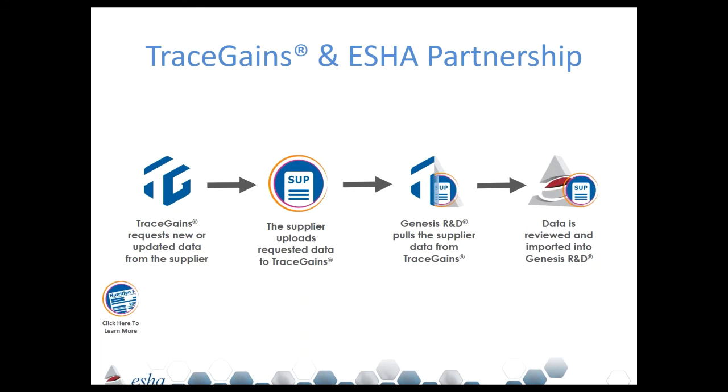And now that data is automatically integrated with Genesis so that you don't have to go through the further manual headache of retranscribing and re-entering all that data, potentially making mistakes along the way. The data just automatically flows into the Genesis application.